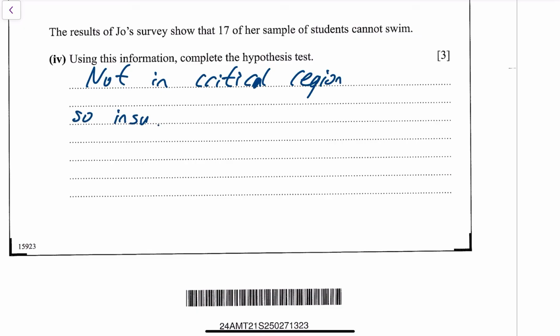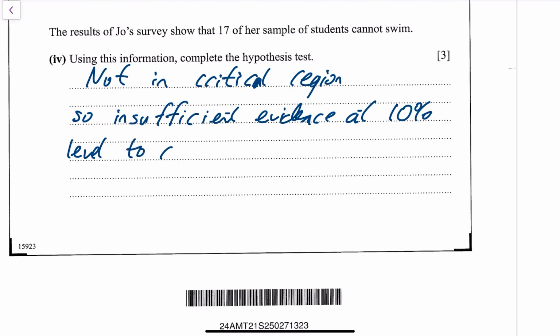So a good word to use is insufficient. Evidence at 10% level to reject H0.